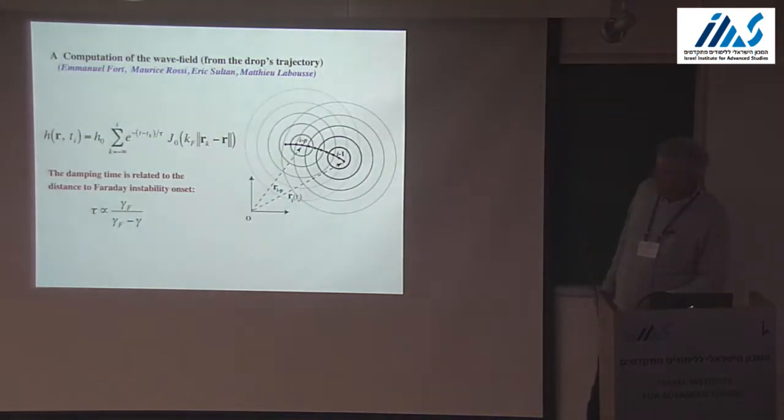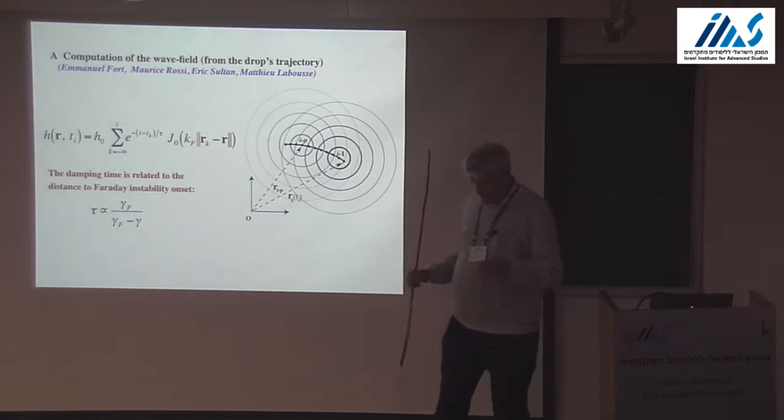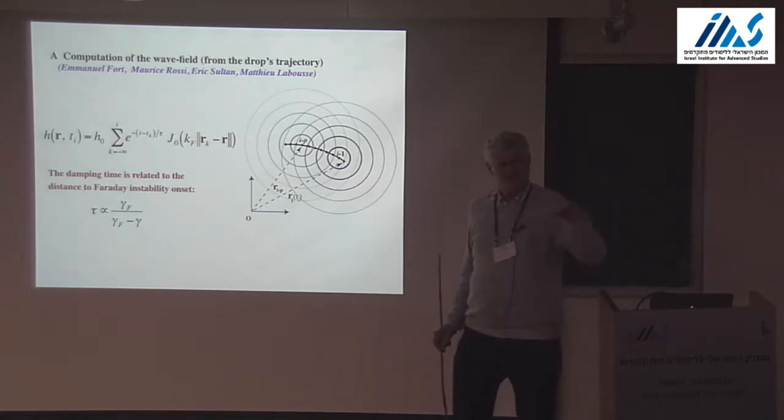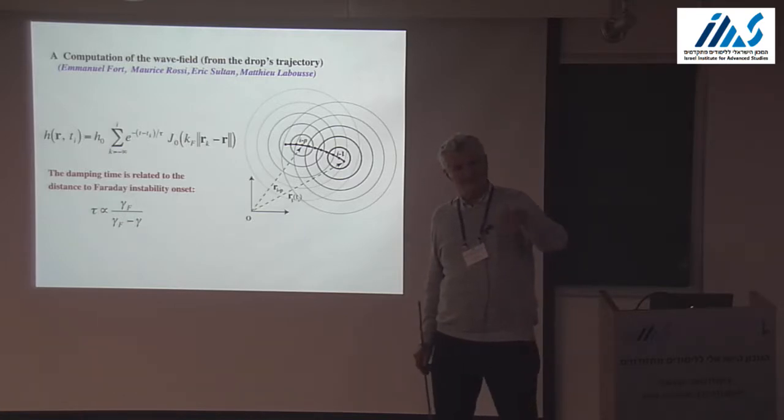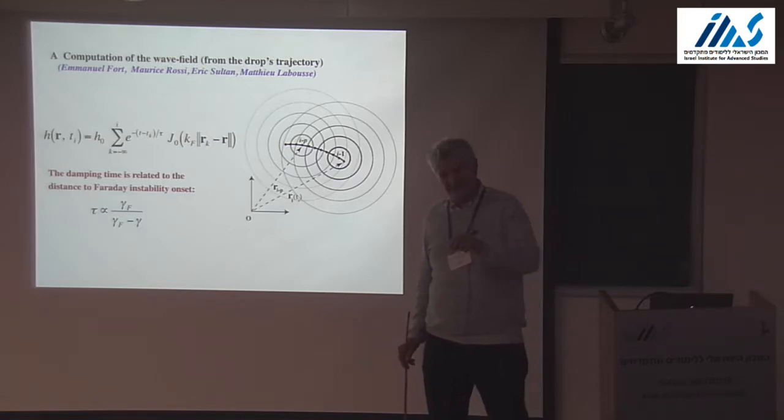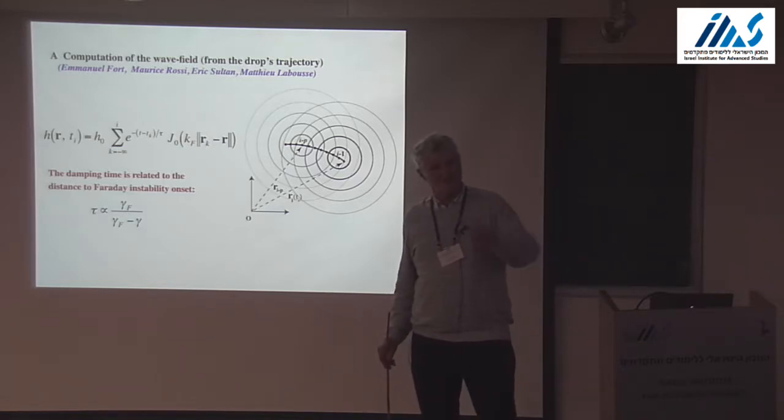Okay, so if you want to model the motion, you have to understand that the drop moves because it is driven by the wave, and you have to compute the wave which is created by the drop, but not instantaneously, but by the drop's previous motion.